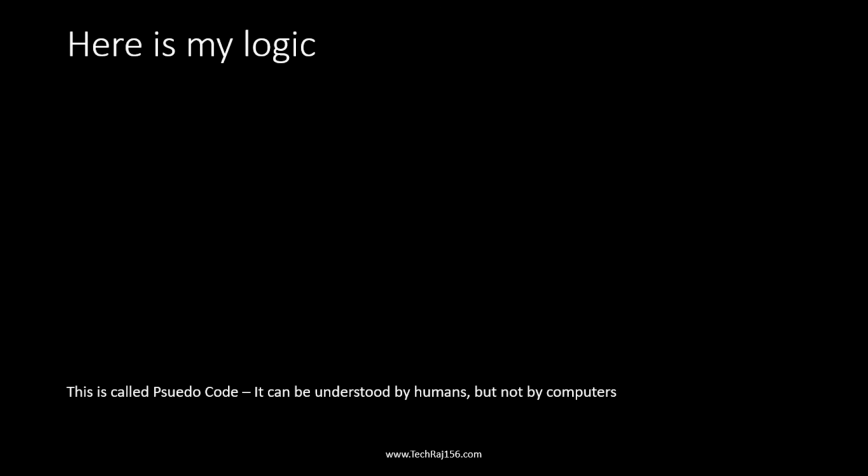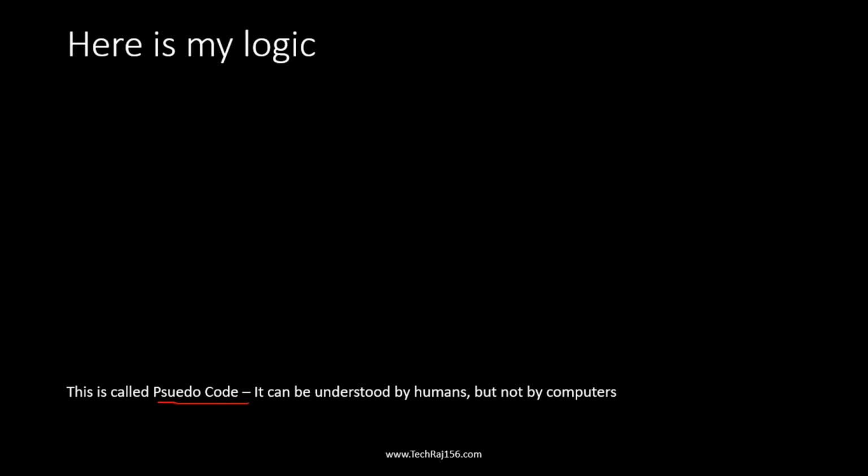So I am assuming that you at least tried making your own logic. Anyways, I'm just going to show you my logic, and before that I am going to write the pseudocode. I'm not going to write the actual code. Pseudocode is something which can be understood by humans.